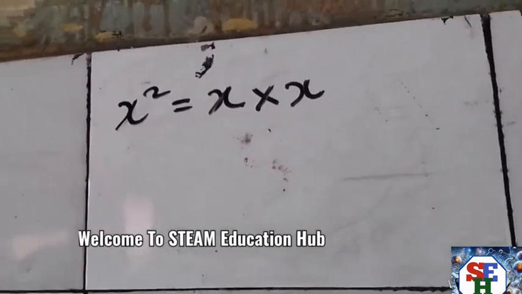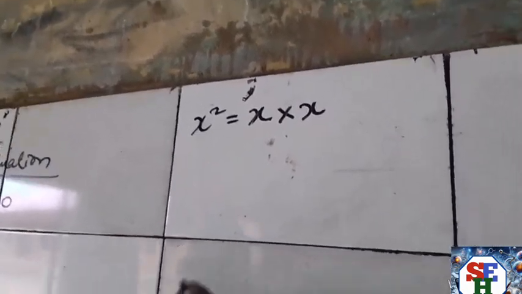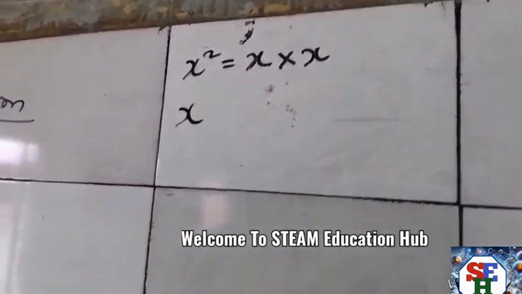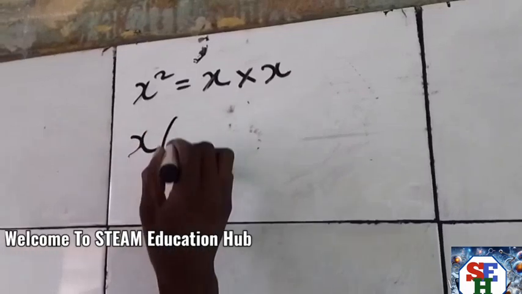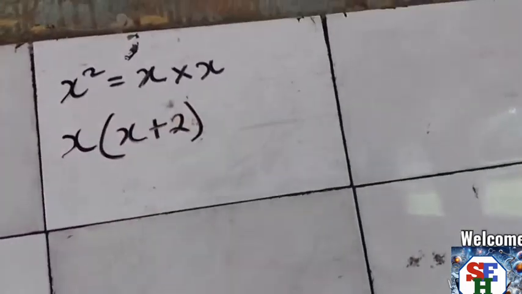So we are looking for the factor that will go into x and will go into 2, since they are having the same coefficient. Now, let's bring it out. X is a very common factor between the two, so we'll bring out x into x plus 2. You can see it.